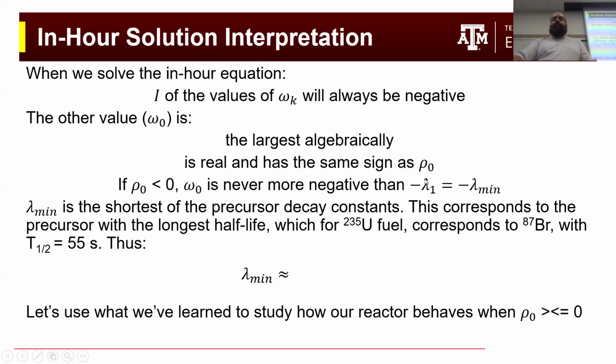And that's going to correspond to the ones that have the shortest decay constants. In our case, if we're talking about uranium 235 fuel, it's going to correspond to bromine 87. Bromine 87 has a half-life of about 55 seconds. So that means that the lambda minimum for uranium 235 fuel is going to look like ln of 2 over that 55 seconds.